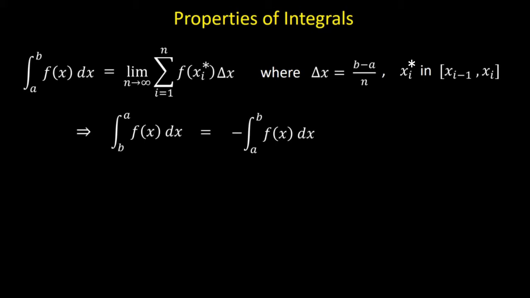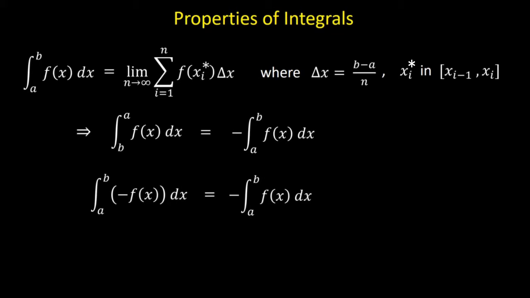So the negative pulls outside of the sum, which pulls outside of the limit, and so that makes the whole integral the negative of what it was. So to paraphrase, integrating backwards from right to left instead of in the natural order from left to right will give you the opposite sign for the integral from what it was before.